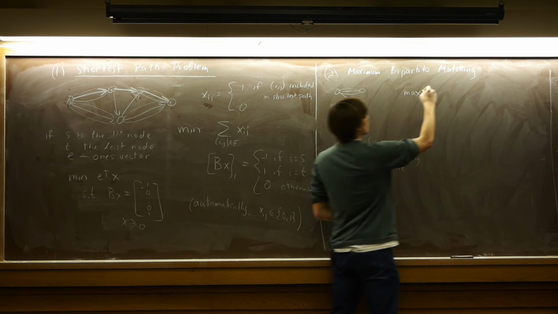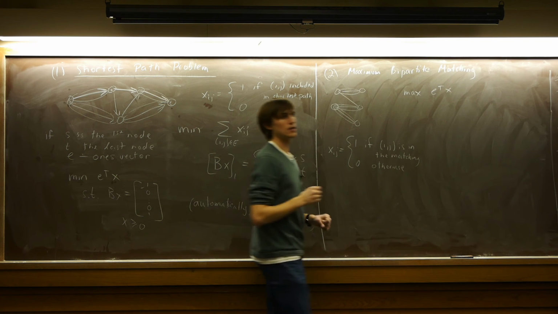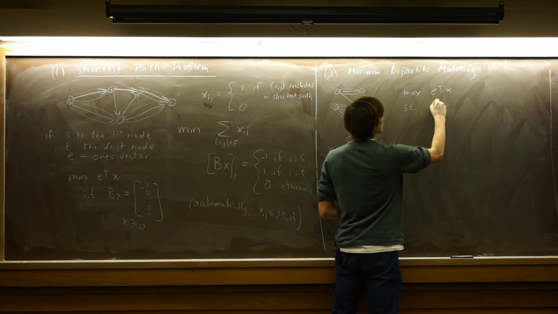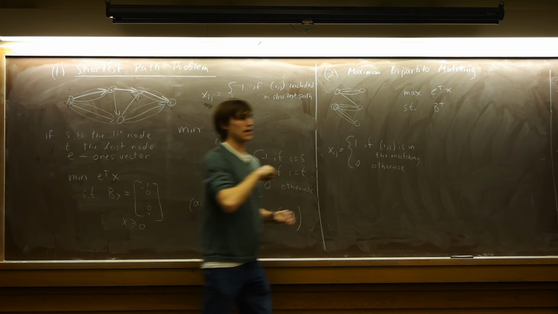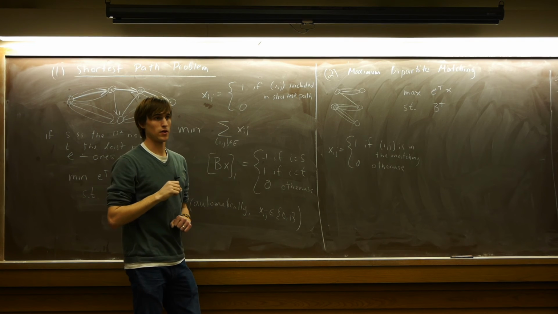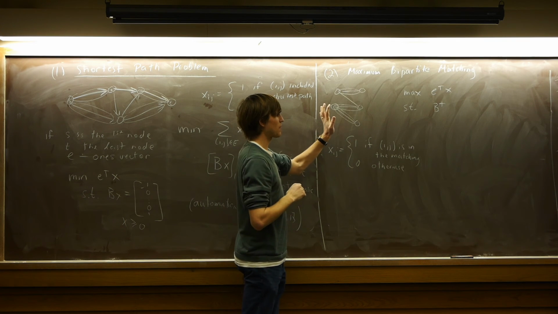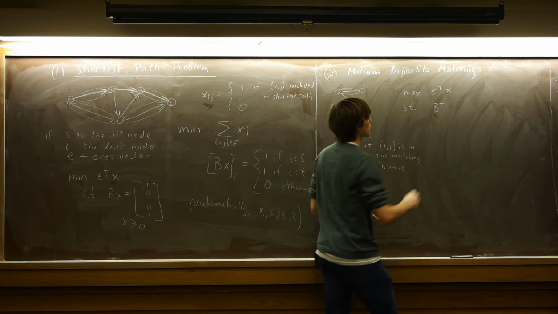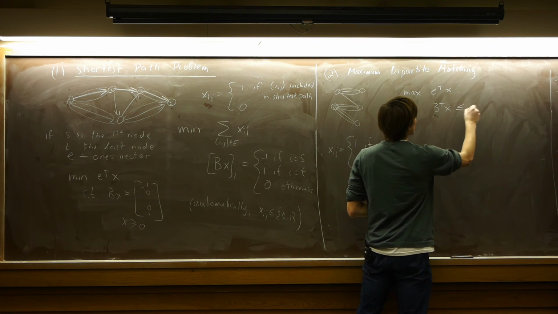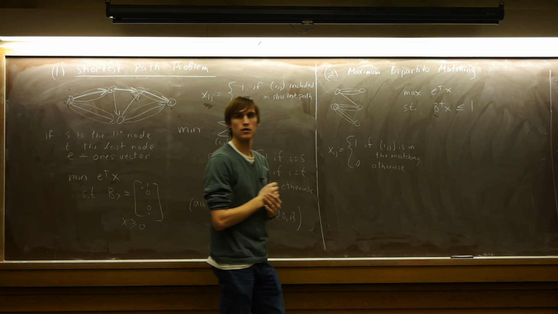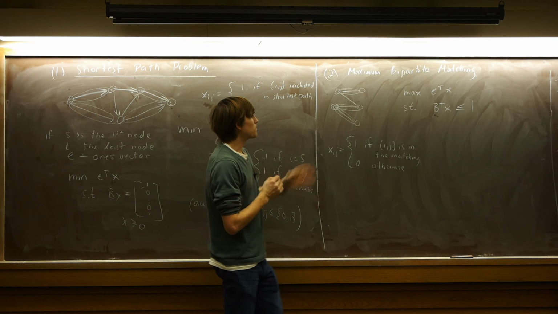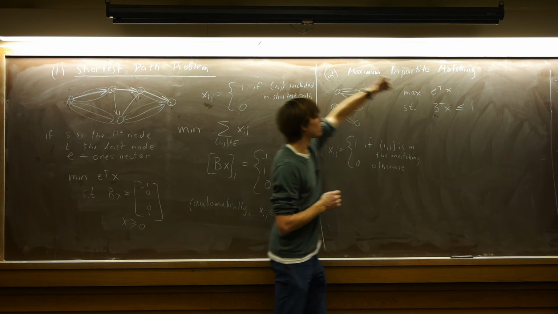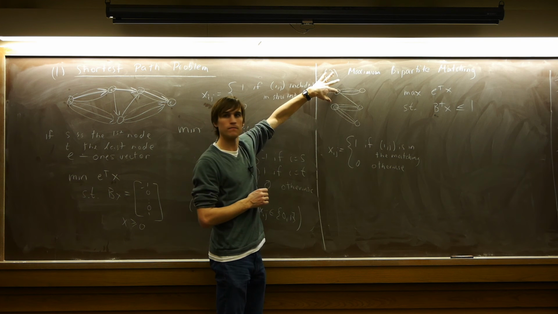So I'm maximizing the sum of all these things, again e transpose times x, subject to the constraints. This time we use the unsigned incidence matrix of this bipartite graph. Even if it's not bipartite, this is how you could set up the problem for a general graph. The unsigned incidence matrix multiplied by my vector x has to be less than or equal to 1. Why? The fact that this is less than or equal to 1 is saying, every row here is basically telling you to take one node.